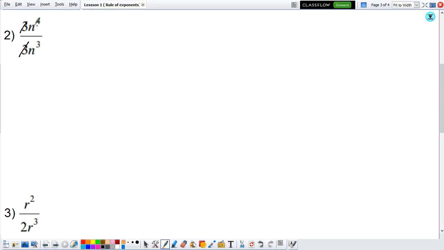So that is where the subtraction is going to take place. So now we're going to have n to the 4 minus 3, divided by 1. So that becomes n to the first divided by 1. You don't really have to write that 1, so we can just say that it's n to the first.